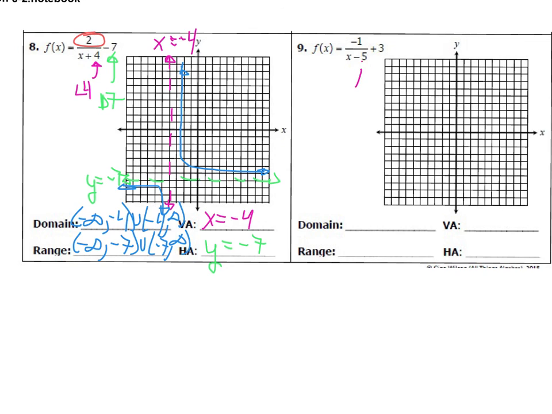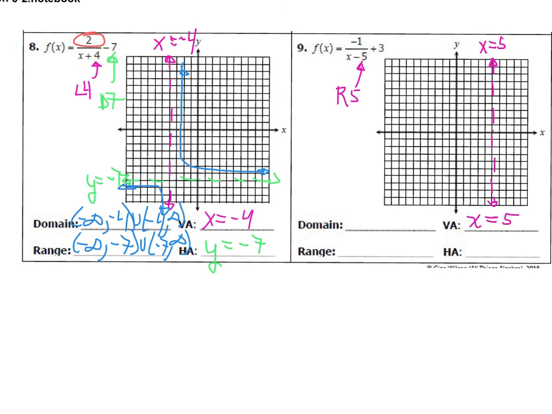All right, then our last graph, we have a negative 5 in here, so that is going to cause our graph to move right 5. So that means our vertical asymptote is going to be x equals 5. So we always dash the lines because they're not technically part of the graph, they just give shape to the graph.